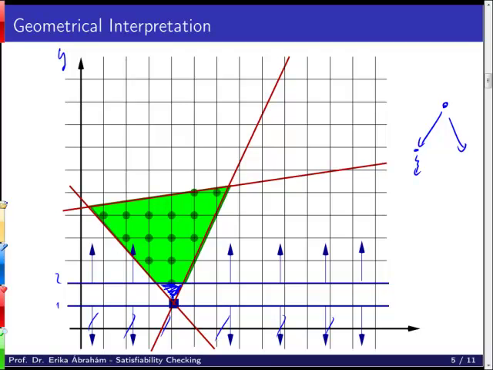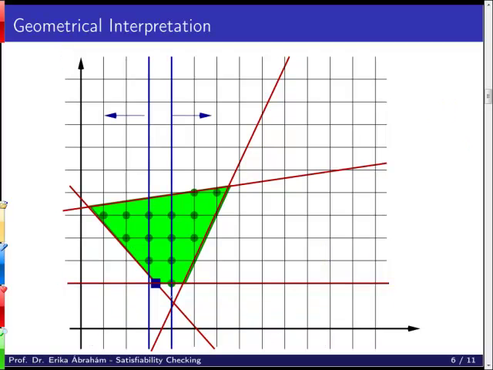And we continue. Now we can call simplex again. Let's say we get that point, and it can be that now it is an integer in the y dimension, but not in the x dimension. So we do the same. We say either the largest integer below, and I search from that to the left, or the smallest integer above, and I search from that to the right.